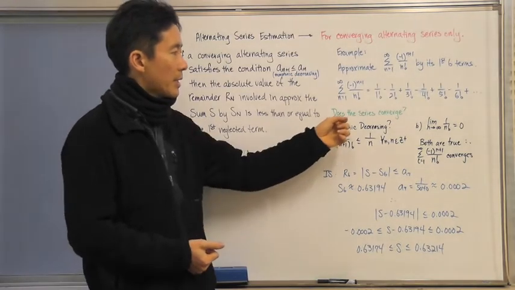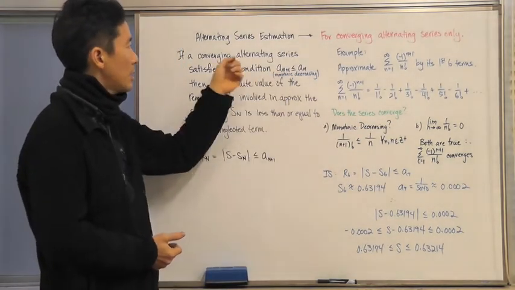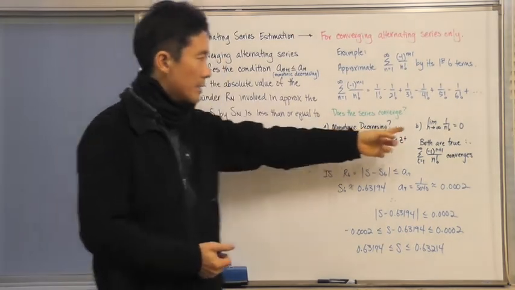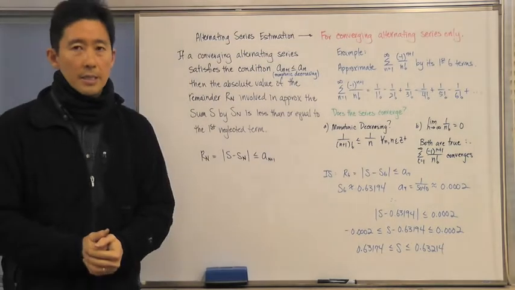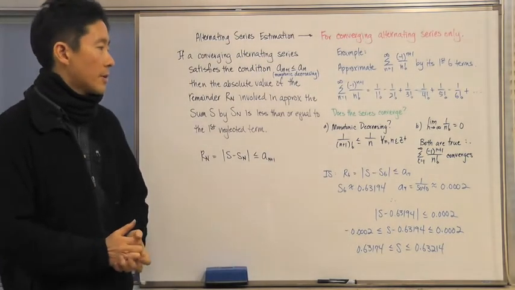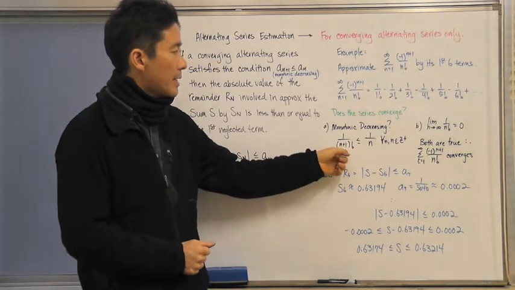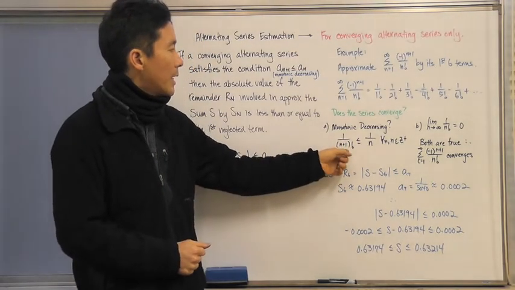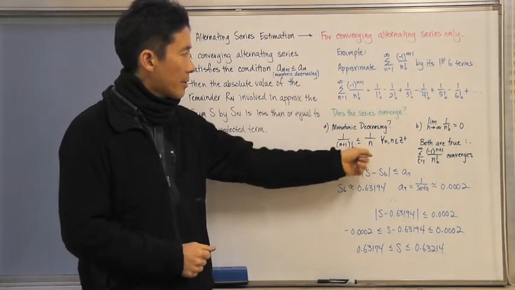So the main thing that we need to do before we can use this is make sure that the series converges. We also need to make sure that it's monotonic decreasing, as well as that the limit as n approaches infinity of the sequence itself goes to 0. Now, if we take a look at the n plus 1 term, is that always going to be less than the a sub n term?